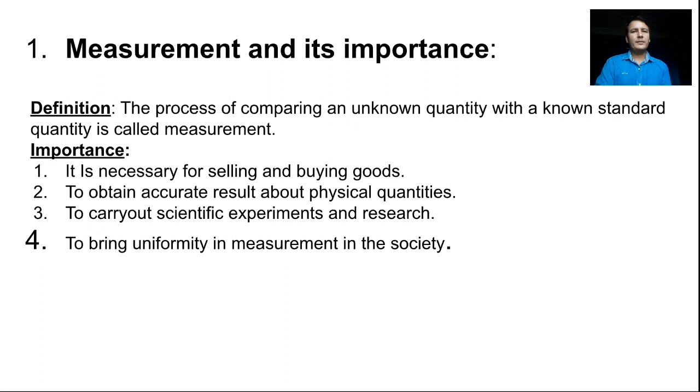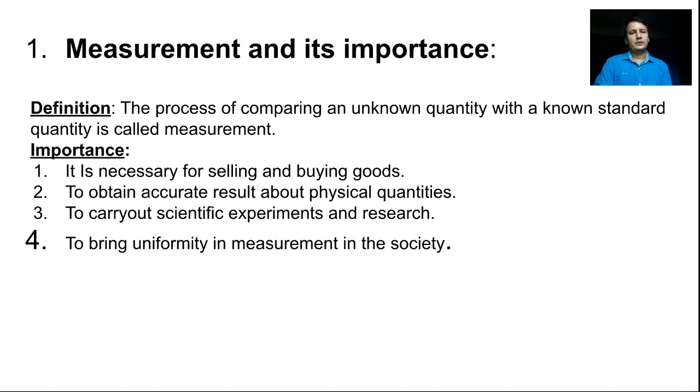During the process of measurement, one substance, which is an unknown quantity, is compared with another thing that is a known quantity. So, the definition of measurement: the process of comparing an unknown quantity with a known standard quantity is called measurement.